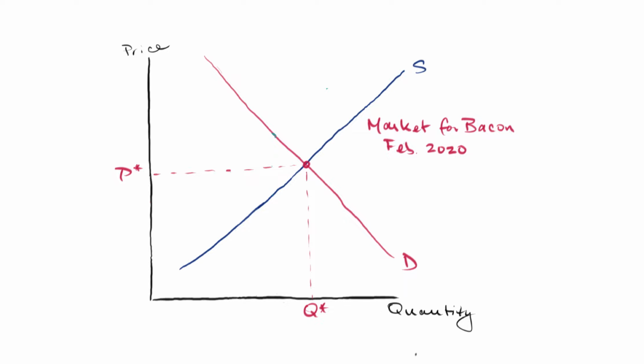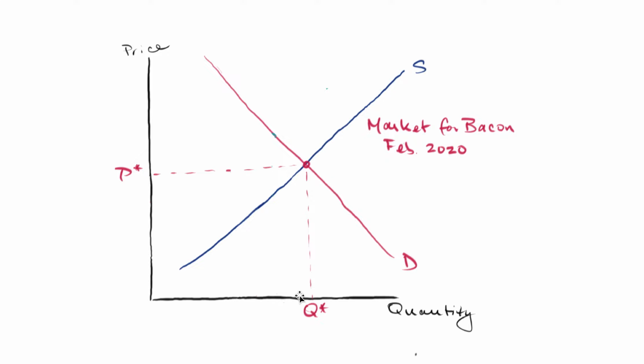So let's go back to February 2020, before the COVID lockdowns, before any real changes in the US economy. There was a market for bacon, and the market was in equilibrium at a price of P star, where Q star bacon was sold.